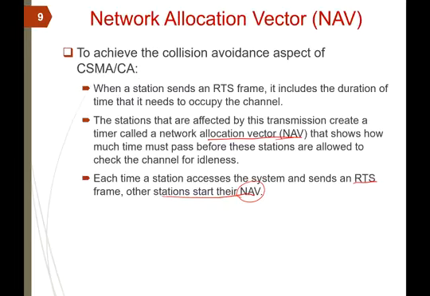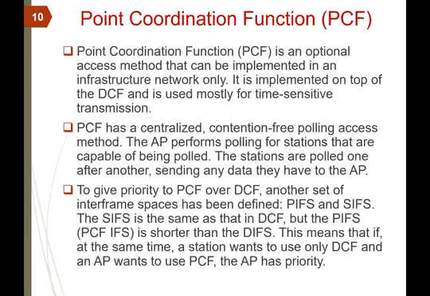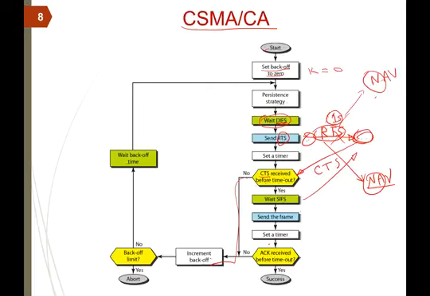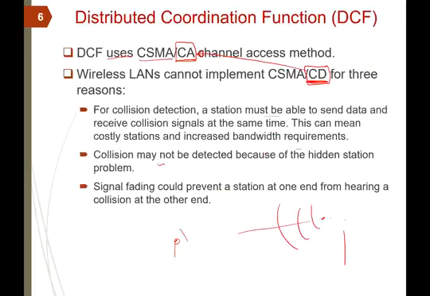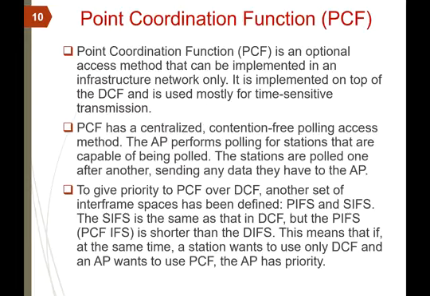So this is the protocol we use for the random access method. We have also the point coordination function. We said we have the distributed coordination function, which uses carrier sense multiple access collision avoidance, and we have the point coordination function. This is like a controlled access method, not a random access method.